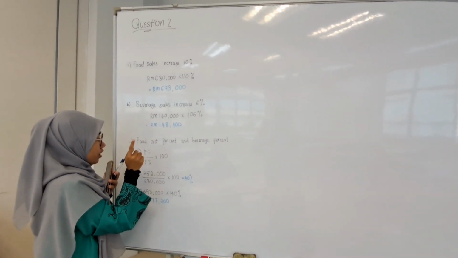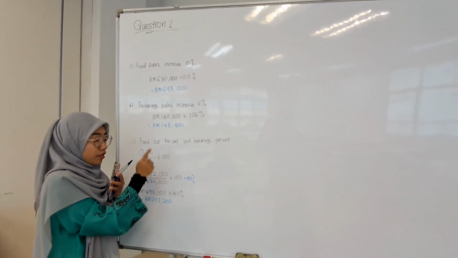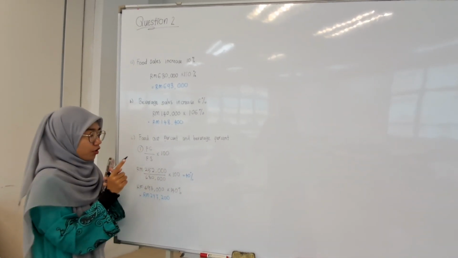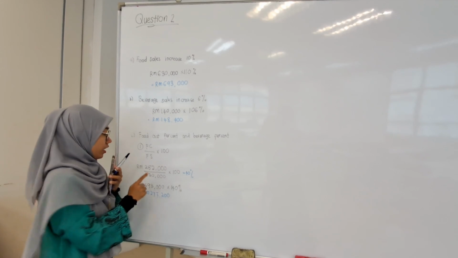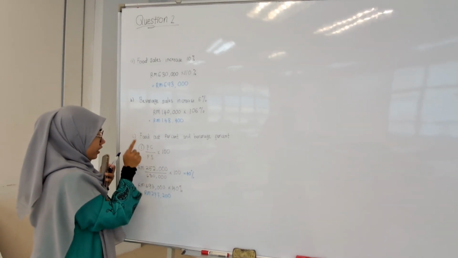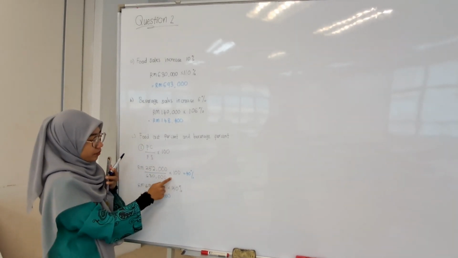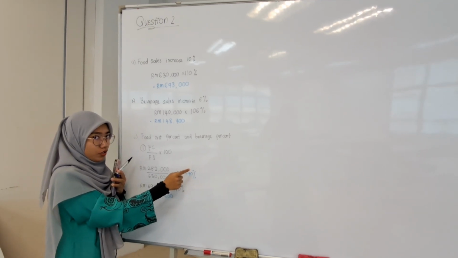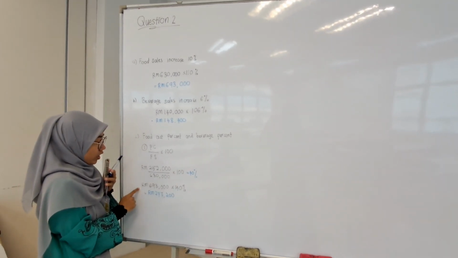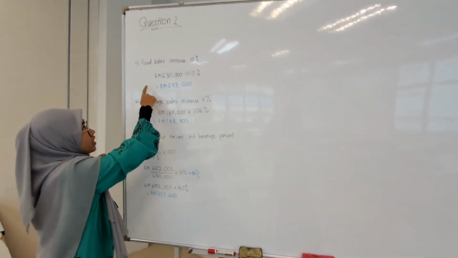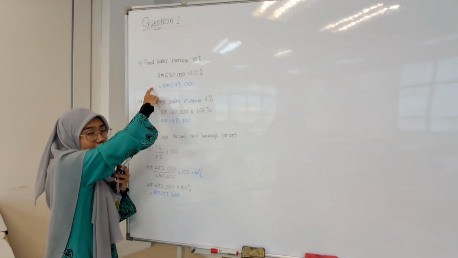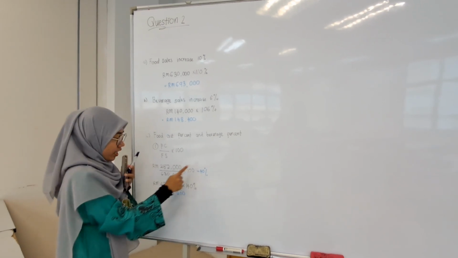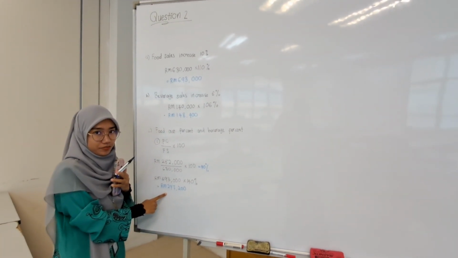Food cost divided by food sales multiplied by 100. So the food cost from the data and divide food sales and multiply by 100 and we got 40%. And then we use food sales that we use at question A multiplied by this percentage and then we get this answer.